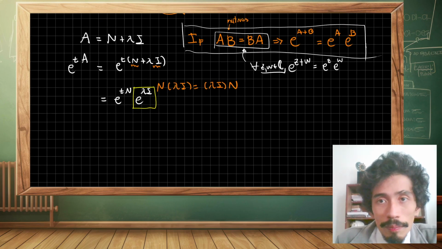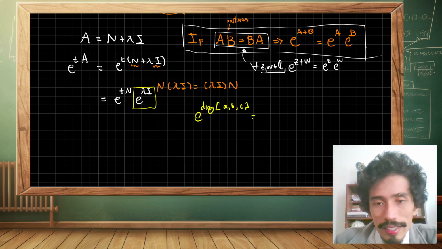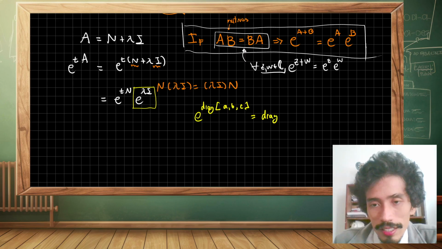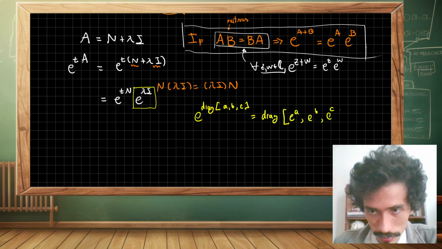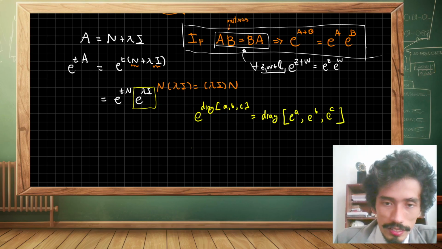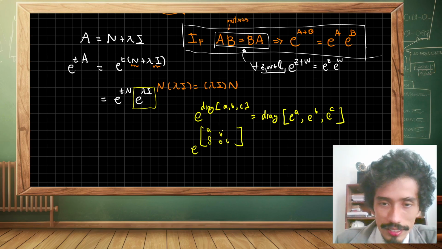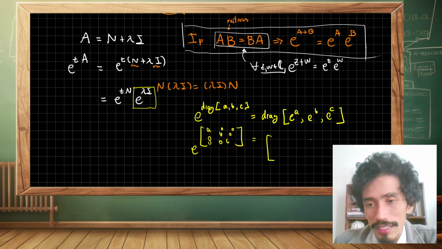Now you can apply this other formula or property that tells you that the exponential of a matrix which is diagonal, let's say diagonal A, B, C, I mean, the exponential of matrix A, B, C, where there are zeros in all of the other places, is equal to a diagonal matrix like this.